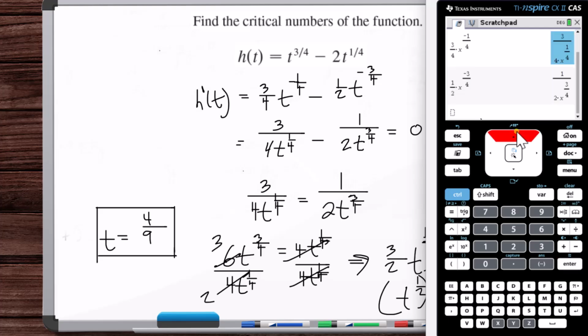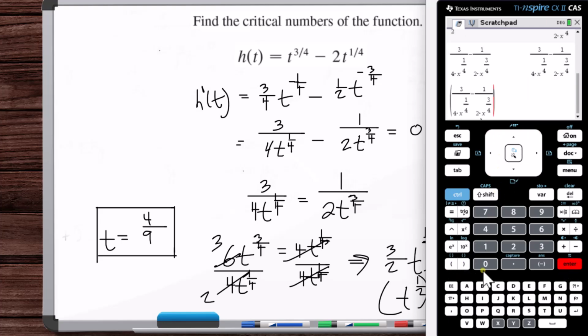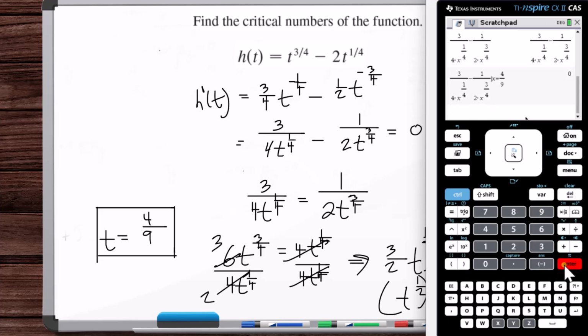Now do this minus this. So now we've got, well, okay, let's say this with x is equal to 4/9. 0. So there we go.